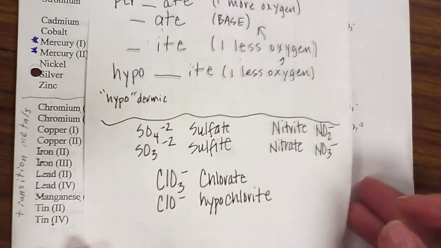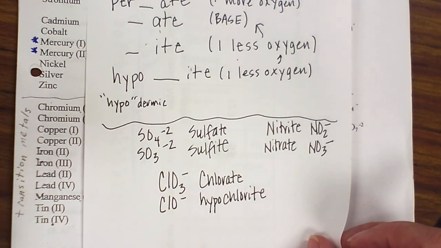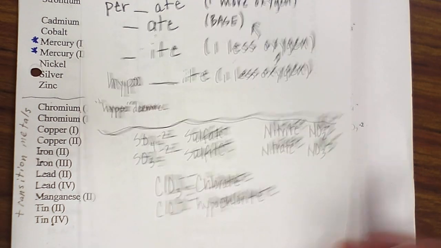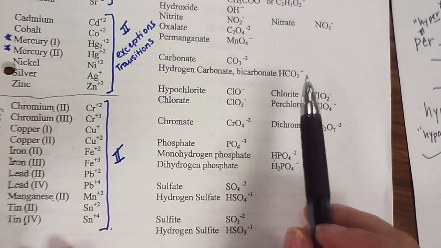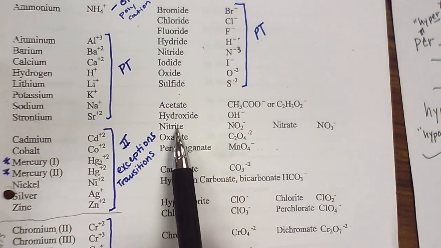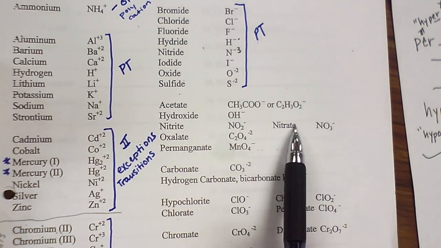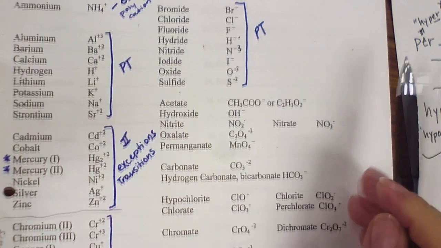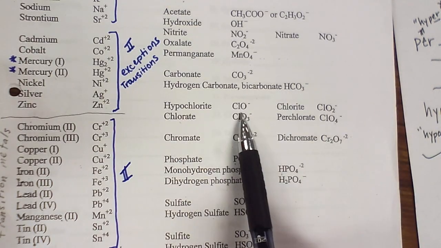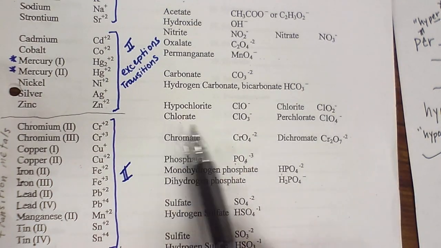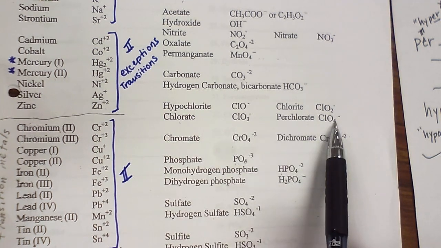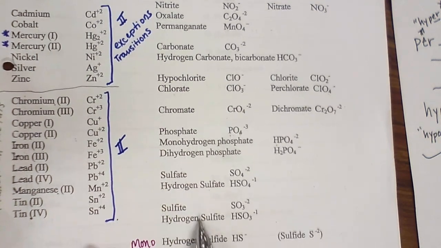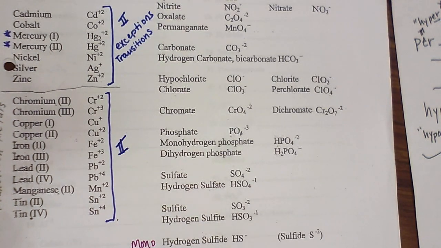So you can see, if you look on your polyatomic ion sheet, you'll see here is nitrite and nitrate. And here is hypochlorite, chlorite, chlorate, and perchlorate. Okay? Now, the next thing is, here's sulfate and sulfite.